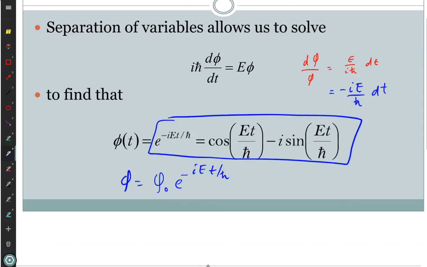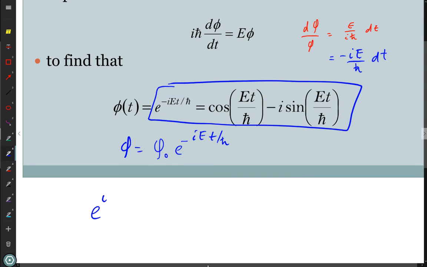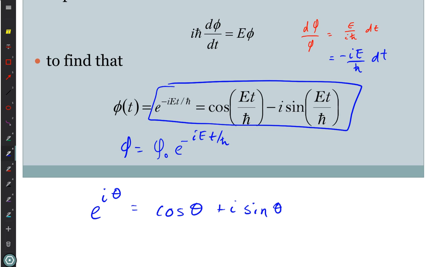That utilized Euler's relation that says e to the I, well, let me not use that. And so in this case, the argument theta was minus E over H bar T. And cosine of minus theta is the same as cosine of plus theta, so that's why the cosine stays positive.